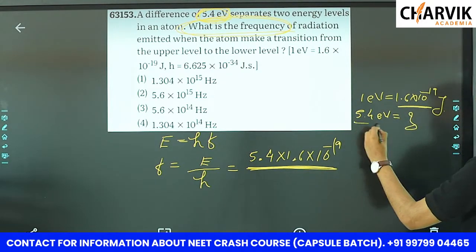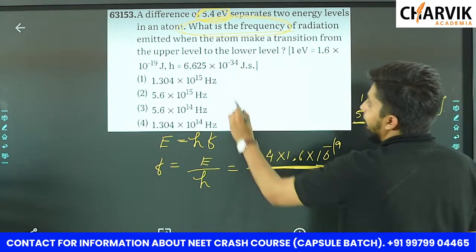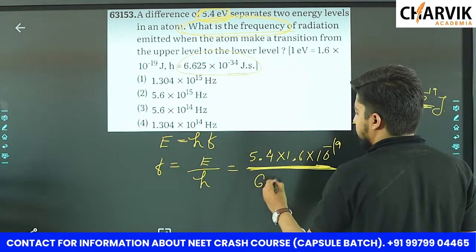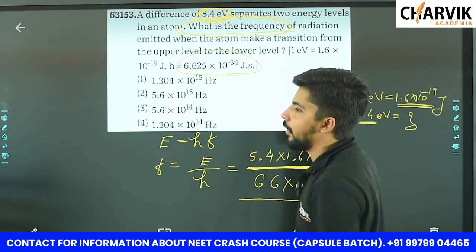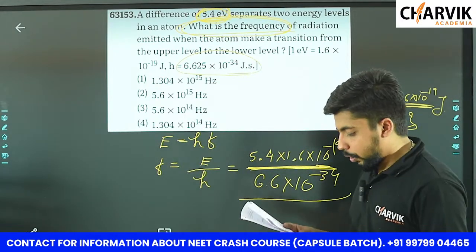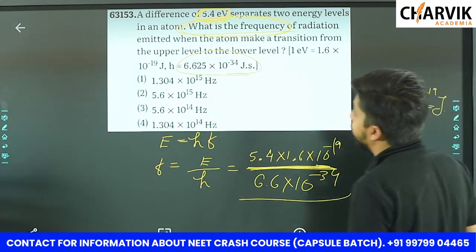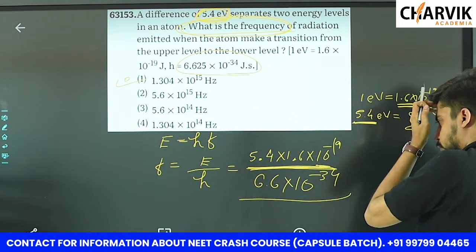It will be equal to 5.4 into 1.6 into 10 raised to minus 19 divided by Planck's constant. Planck's constant is 6.6 into 10 raised to minus 34, which is given in the question itself. Now if you solve this in the calculator, you will simply get the answer. Option number 1, 1.304 into 10 raised to 15 hertz.